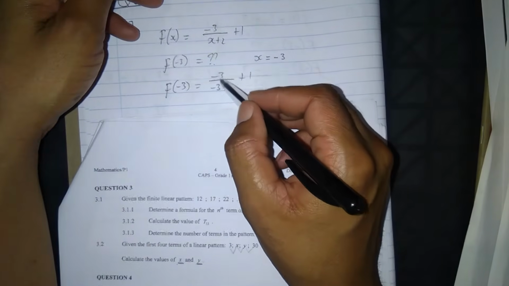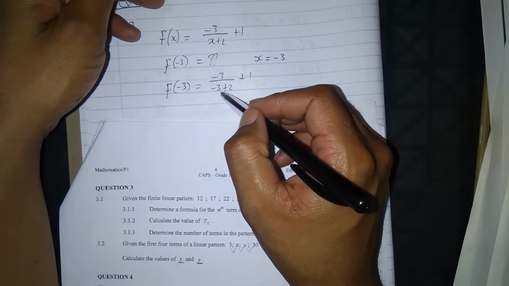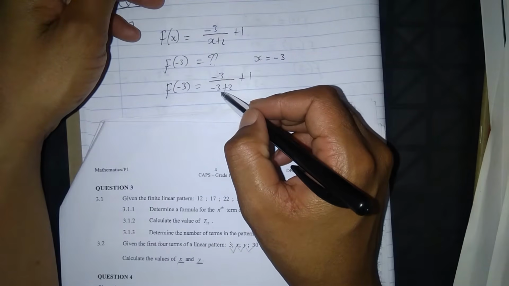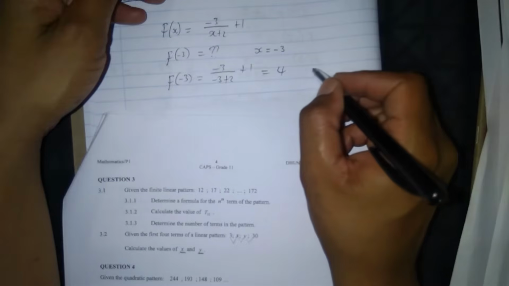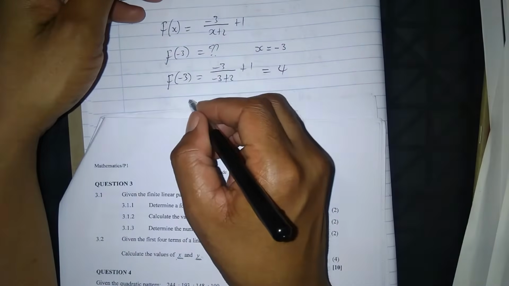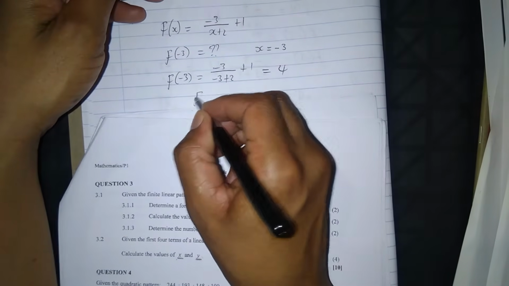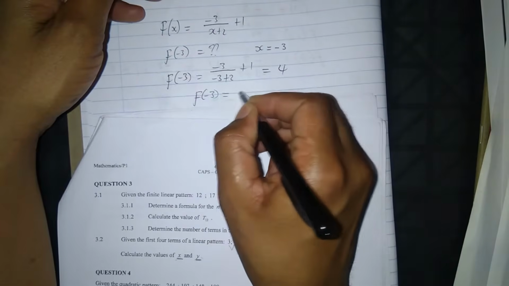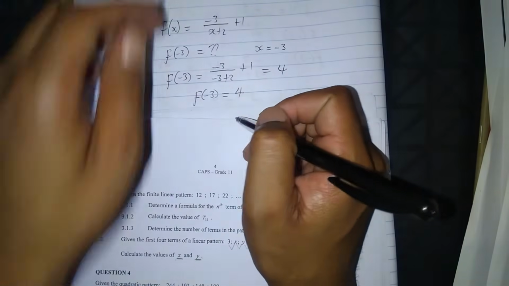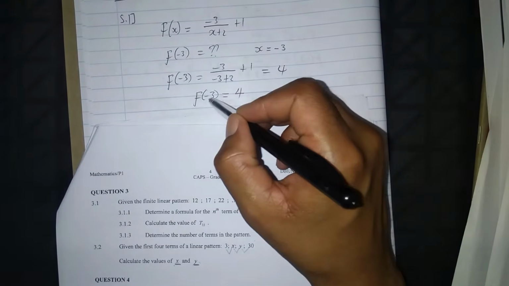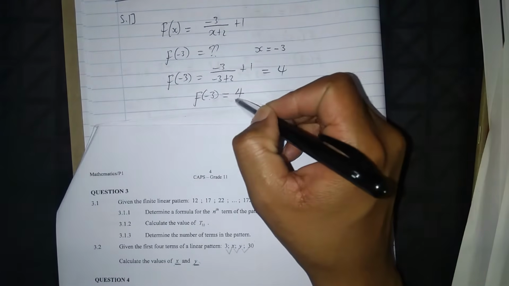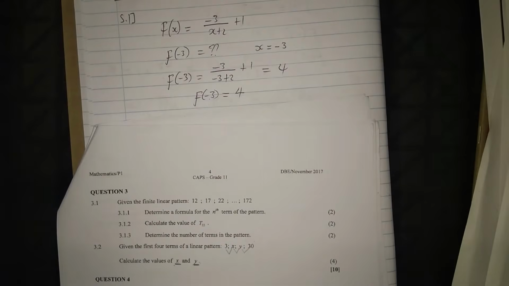And -3 divided by -1 is +3, plus 1 is equal to 4. So therefore my y value is equal to 4, or f of -3 is equal to 4. Same thing. If x is given as -3, the corresponding y value is 4.